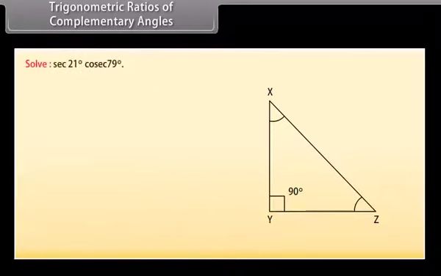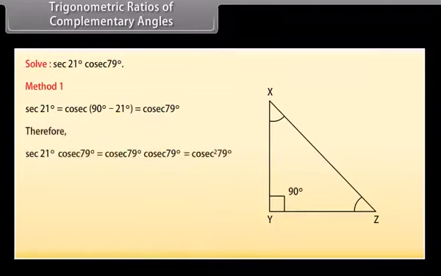Solve sec 21 degree cosec 79 degree. Sec 21 degree is equal to cosec of 90 degree minus 21 degree equals cosec 79 degree. Therefore, sec 21 degree cosec 79 degree is equal to cosec 79 degree cosec 79 degree, which equals cosec square 79 degree.